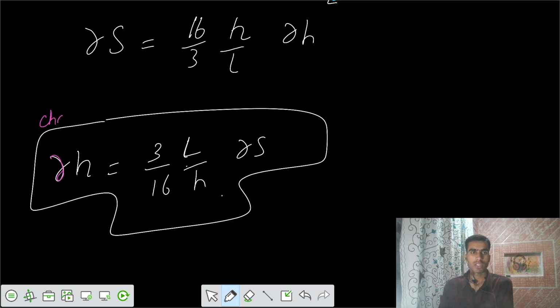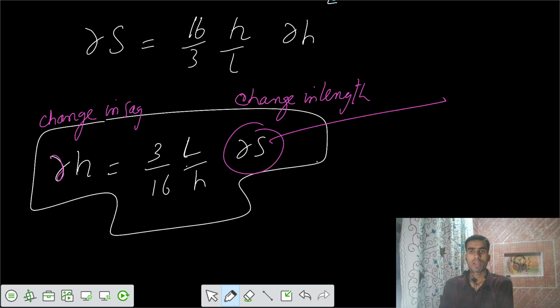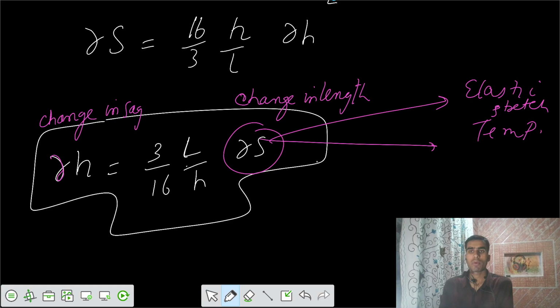So change in sag equals 3/16 length by initial sag, into change in length. This change in length can be contributed either by elastic stretch, or it can be because of temperature change. So this delta S.